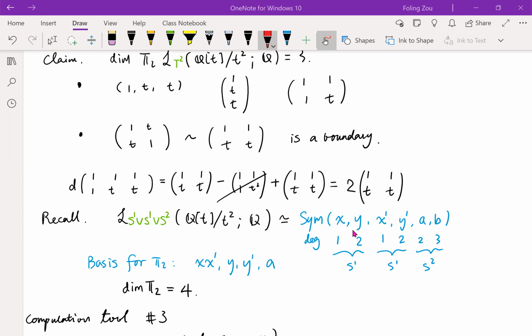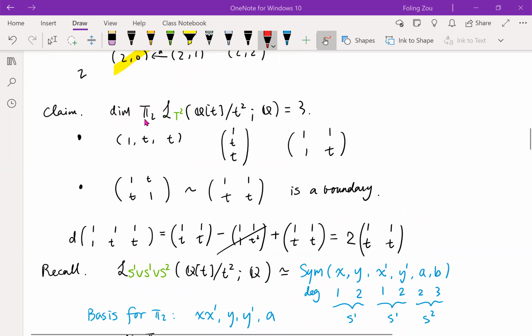And we can see from this basis that at pi2 we have 4 classes: x, x prime, y, y prime, and a. So the dimension of these cells at pi2 is 4. Thus, we have actually proved, modulo this claim, that at pi2 the Lode construction is not stable because it doesn't agree on T2 and S1 wedge S1 wedge S2.